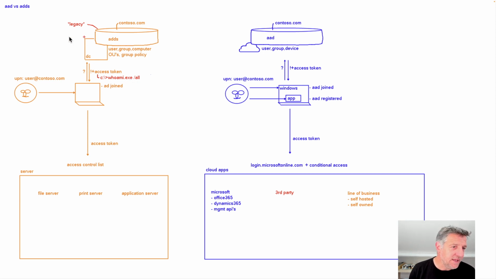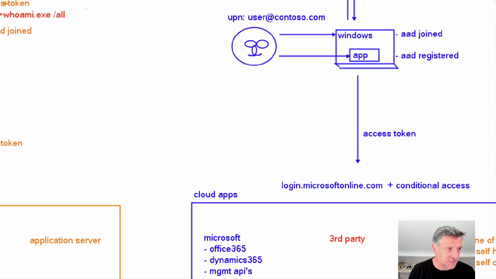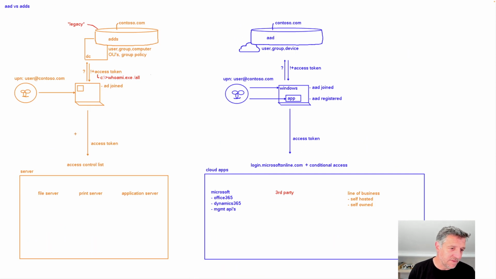Now, for many users, it makes sense to need both Active Directories. For example, you could have an application on the device that needs your Active Directory domain servers on one hand, to connect, for example, to an application server or a file server. But on that same machine, we may also have configured Outlook or Teams or OneDrive for Business or a browser that needs Azure Active Directory for connecting to, for example, Exchange Online or SharePoint or Teams or Yammer.